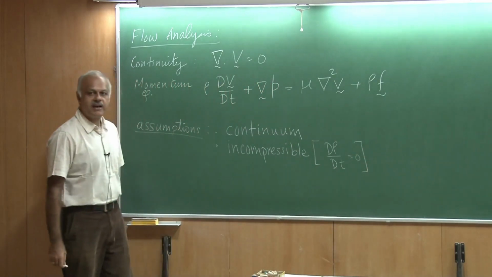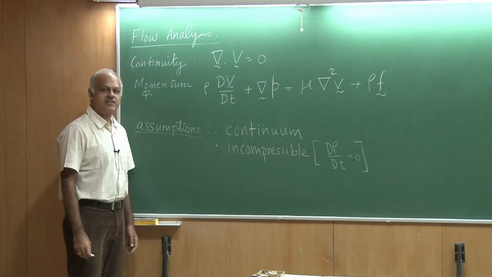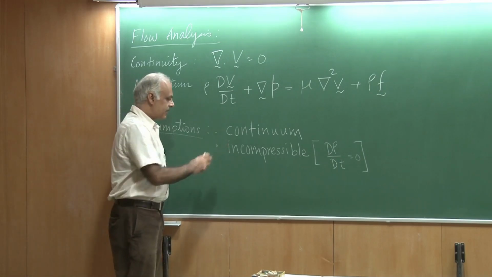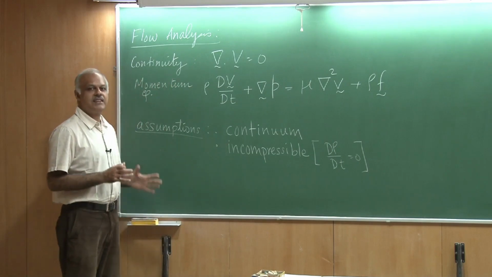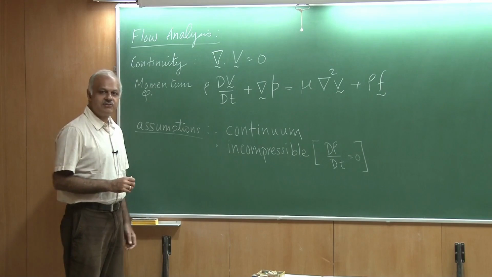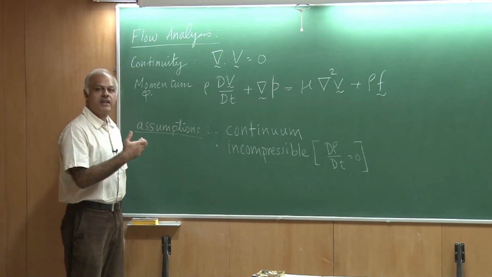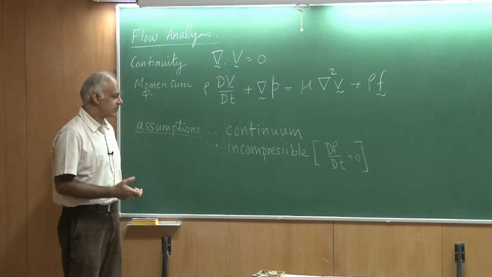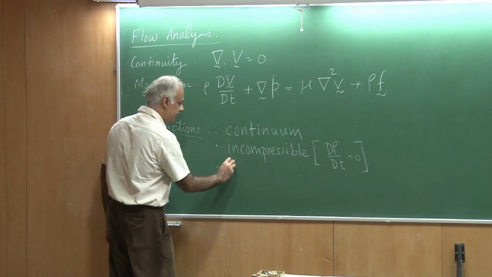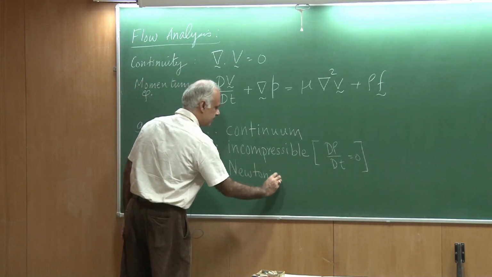So I would like to remind you that incompressibility does not mean that the density is constant everywhere. Rather, it means that if there is a fluid element which has a certain density at an initial time, then it maintains that density for later times. But in general, I could have different fluid elements having different fluid density. So that's incompressibility.